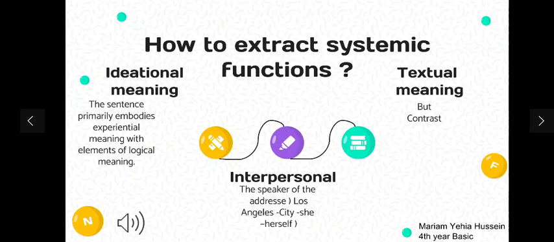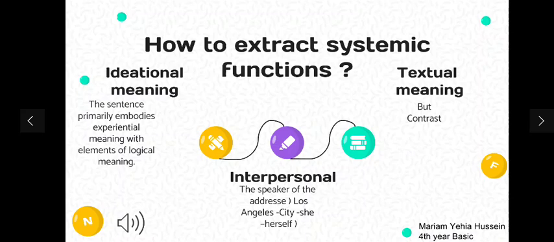If it's based on condition, incident, or cause and effect, it's logical. But our sentence embodies experiential meaning with elements of logical meaning. So it's experiential because it expresses how Los Angeles isn't beautiful as we can see. However, it can be beautiful for only 2 weeks. So here we have contrast. So it's logical.